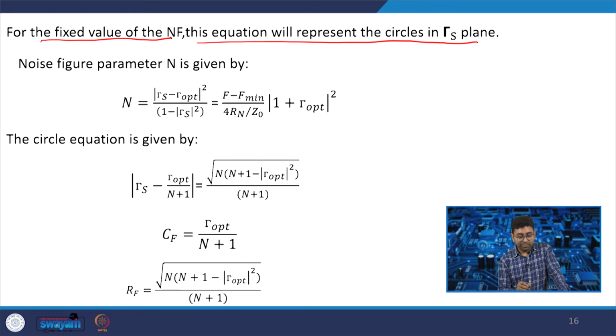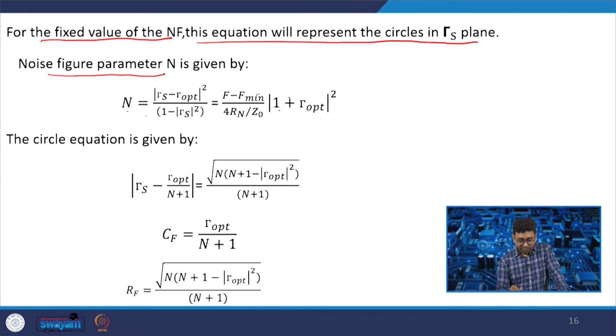So, how can we plot the noise circle? You consider the noise figure parameter N. That noise figure parameter N is equal to F minus F min by 4 Rn by Z naught, times 1 plus gamma opt.